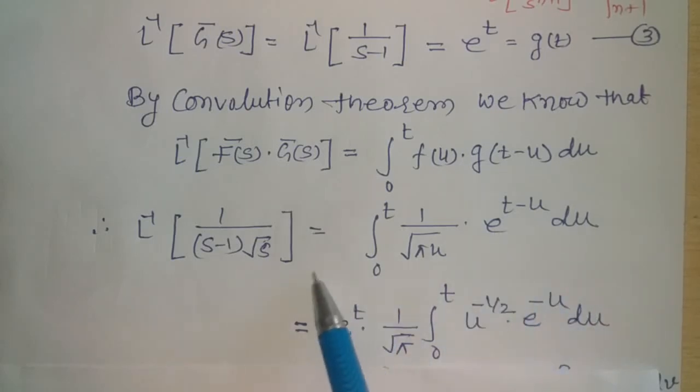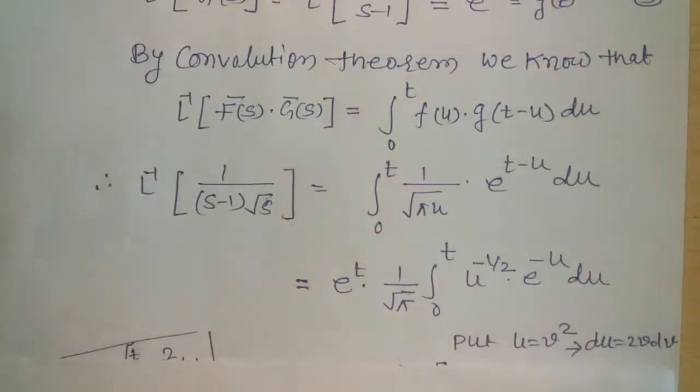Now we put a substitution u equal to v square, then we get du equal to 2v dv. So we put u equal to v square, then this becomes v power minus 1, this becomes e raised to minus v square, and du is 2v dv.